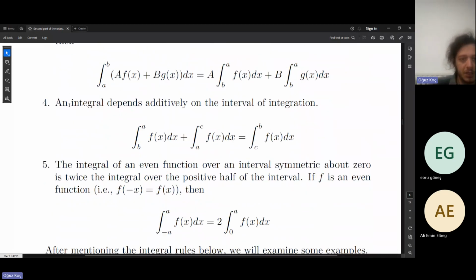It doesn't change the calculation or estimation. And also we have the fourth property. An integral depends additively on the interval of integration.